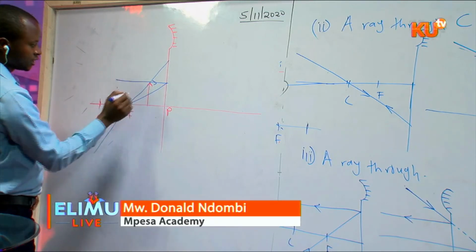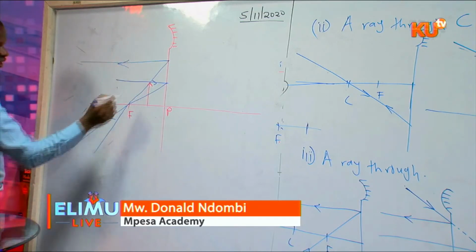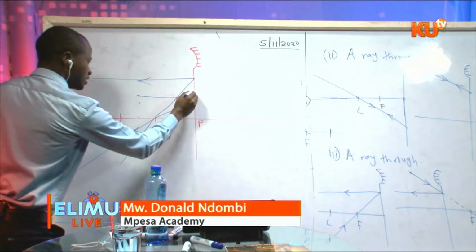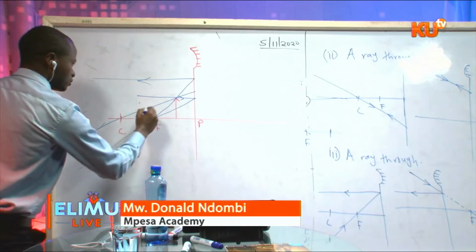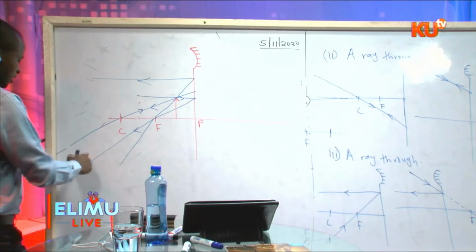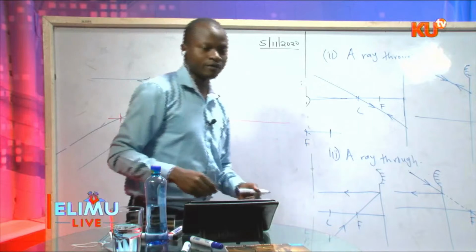A ray through F is reflected parallel to the principal axis like that. So this one does not help us, so we can't use that one. So we draw a ray through C like this. A ray through C like that. So you see, these rays are not meeting anywhere. That means the image is formed far, far away, what we call at infinity.